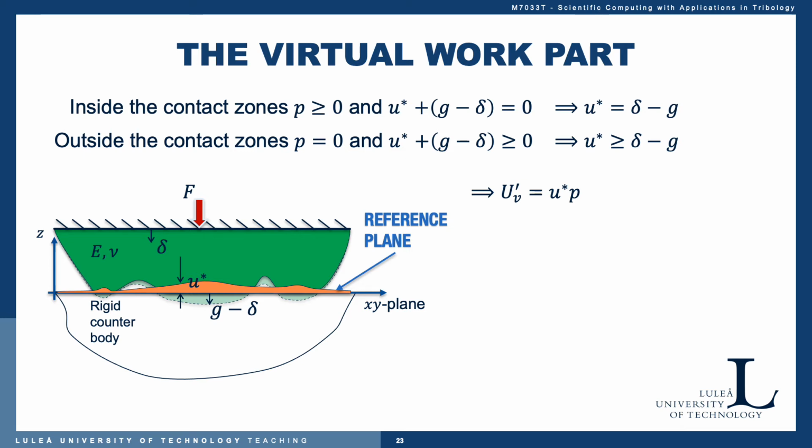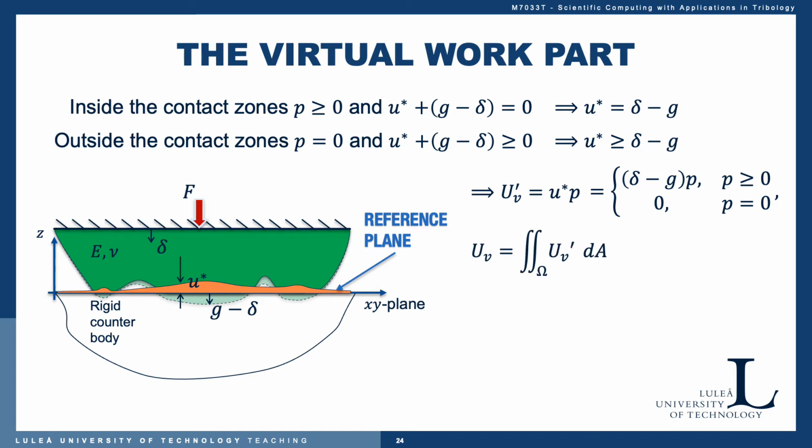Due to the complementarity, when the pressure is greater or equal to 0 in the contact zones, we get a non-zero expression for the surface energy, which is delta minus g times p. And otherwise it is 0.